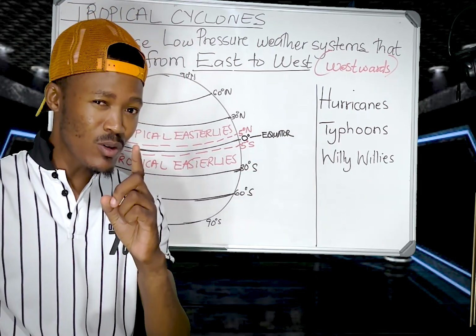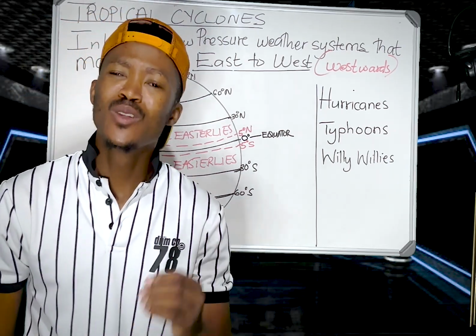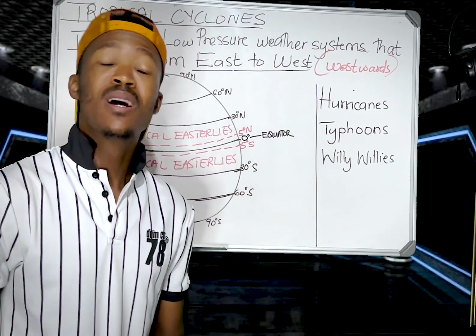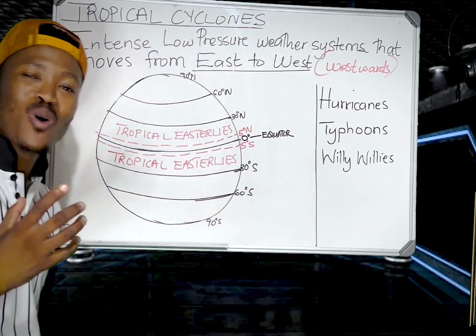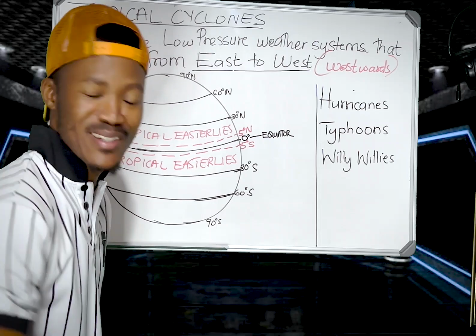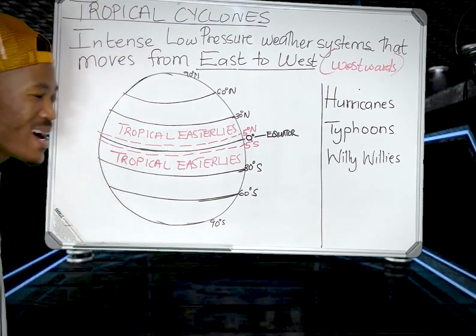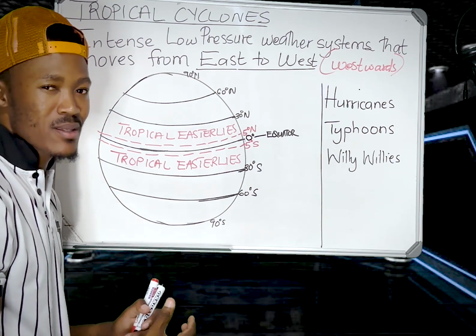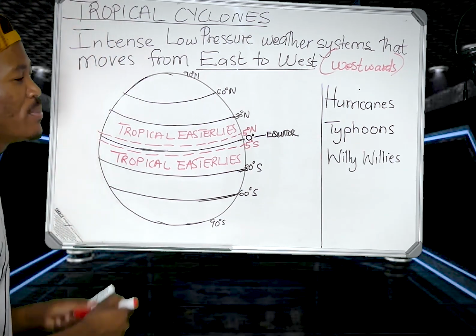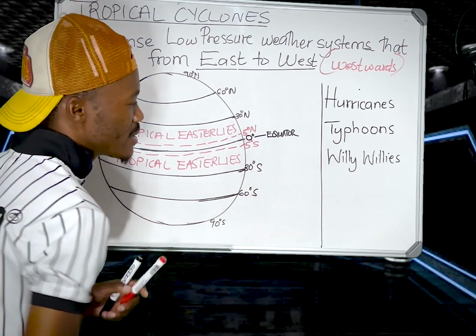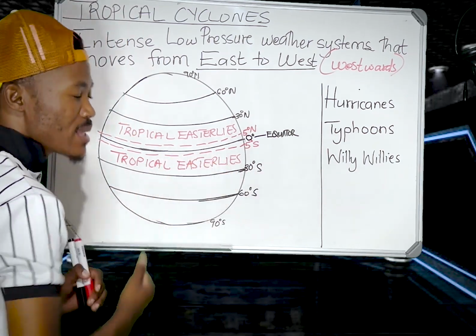Now, like I said in the previous video, we always need to go back and refer to our grade 11 knowledge. The global air circulation. This diagram, you should always keep it in your mind. This diagram shows us the different wind belts as you learned in grade 11. Between 0 and 30 degrees latitude, this is where we find our tropical easterlies.